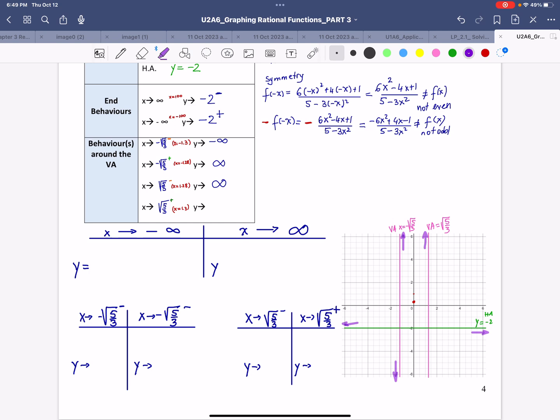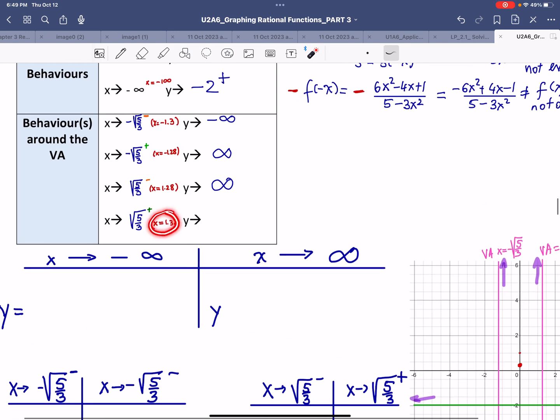And lastly, we have to find the value of y at 1.3. That's the point that we chose. And what we have in here in this case is 6 again times 1.3 to the power of 2 plus 4 times 1.3 plus 1 divided by 5 minus 3 times 1.3 squared.